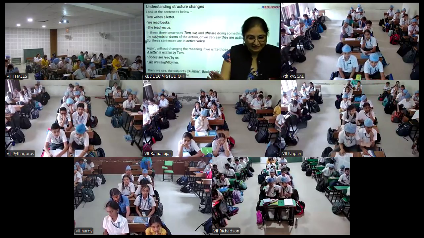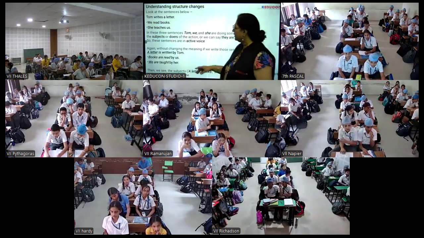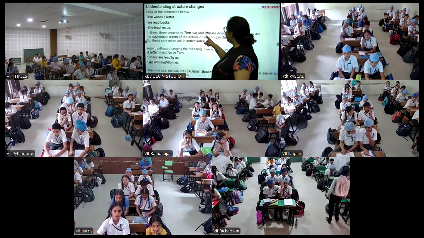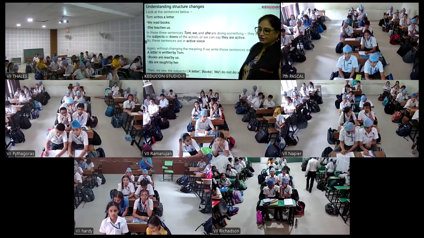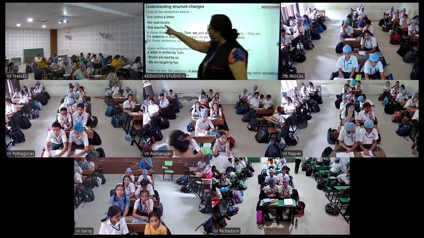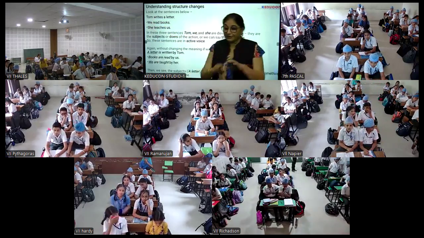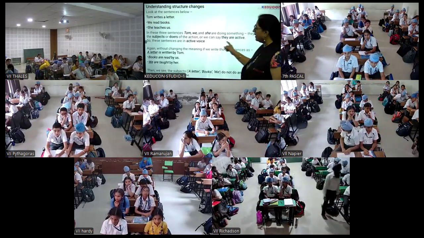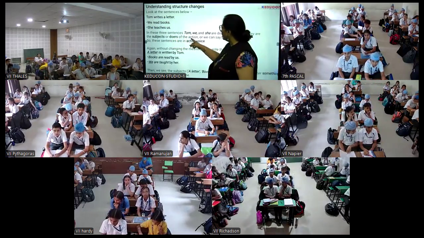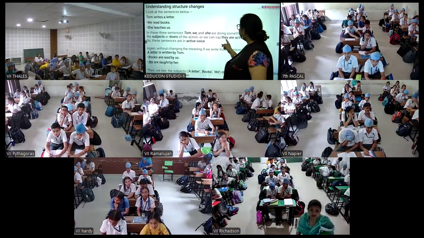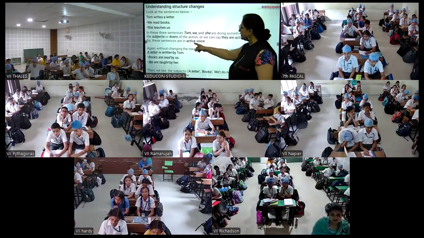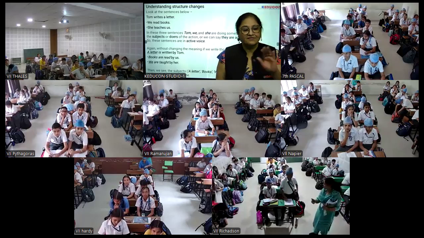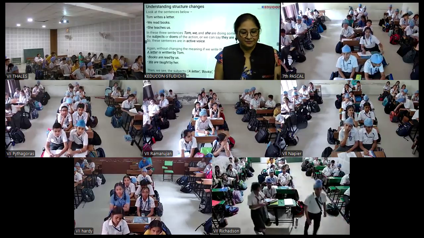Simple, clear, direct. In these sentences, Tom, we, and she are doing something. They are the doer of the action. They are the subjects or doer of the action, or we can say they are active. So these sentences are in active voice. Okay? Everybody is clear about it? Are you clear?